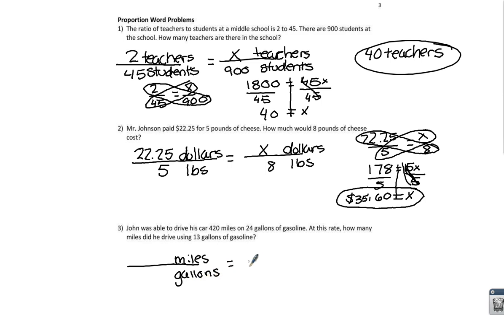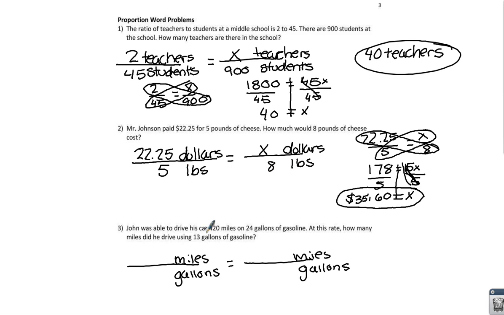And that's going to equal a fraction with miles and gallons. And you need to make sure that when you are doing this, you have miles on the top and gallons on the bottom. So depending on what your units are, you want to match them up across. Okay, so all miles go on the top, all gallons go on the bottom. Just like up here, all dollars went across, all pounds went across. They have to match up.